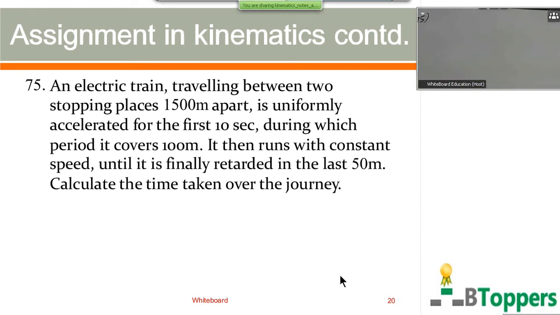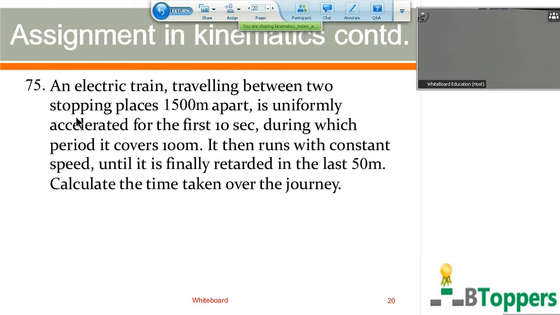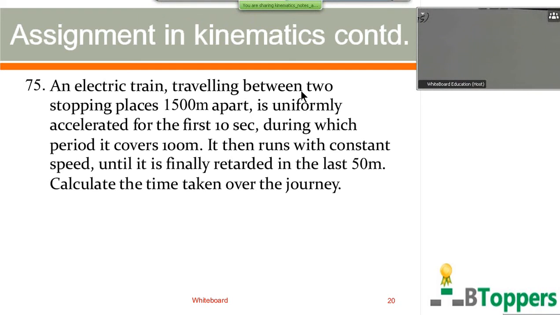An electric train traveling between two stopping places, 1500 meters apart, is uniformly accelerated for the first 10 seconds, during which period it covers 100 meters, then runs with constant speed until it is finally retarded in the last 50 meters. Calculate the time taken for the journey.